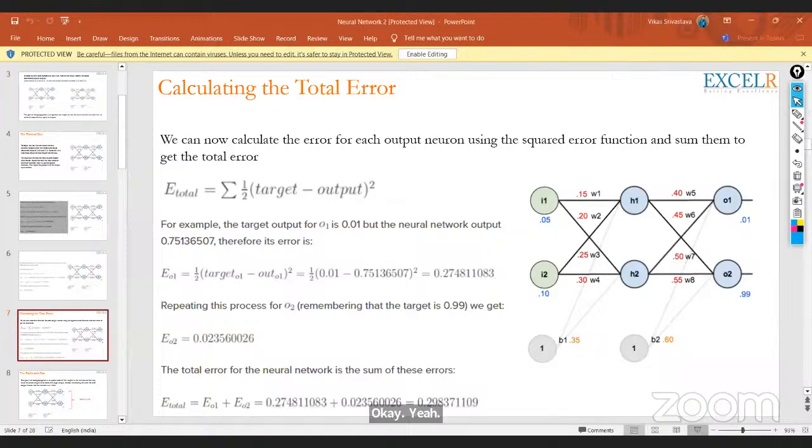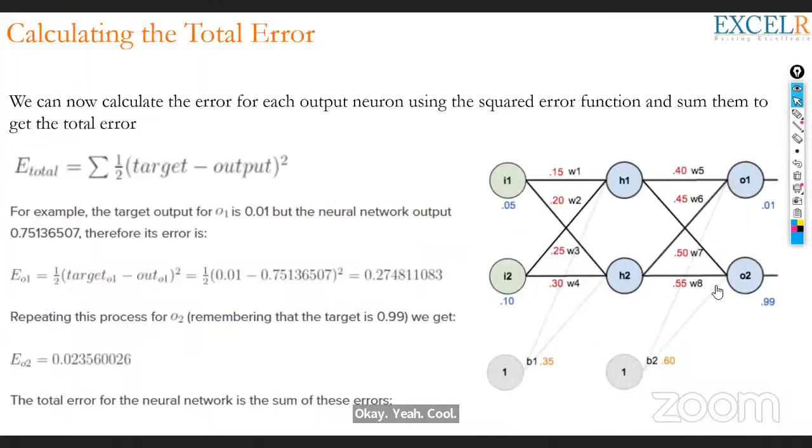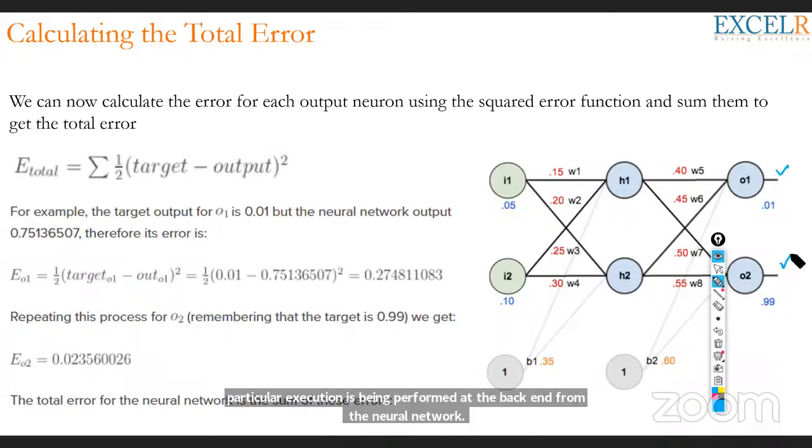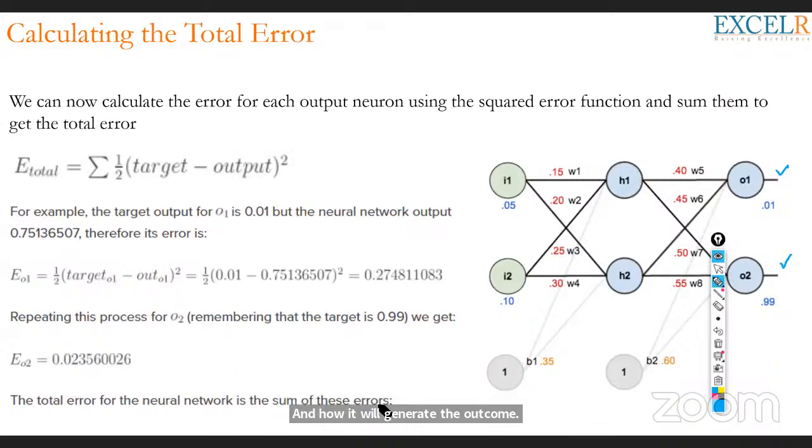Cool. So up to this point, guys, we have seen how a particular execution is performed at the backend by the neural network, how it generates the outcome, and how the error is calculated. Let me again remind you, whatever weight values you are seeing are random weight values used to initialize this network.